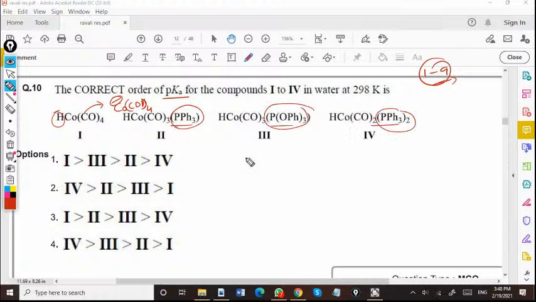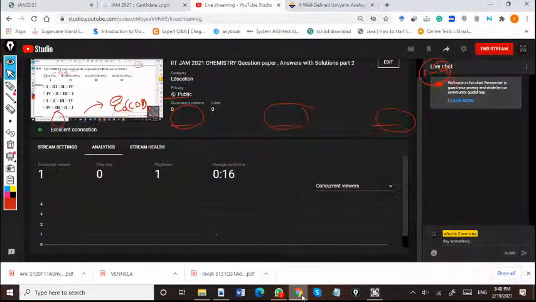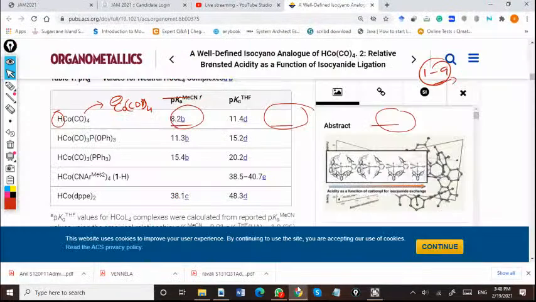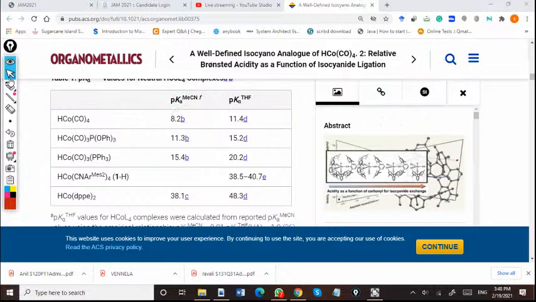If you can see the reference for the carbonyls of cobalt, when it is a tetracarbonyl system, the pKa is 8.2.